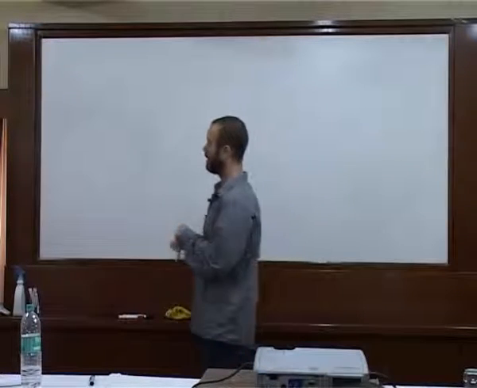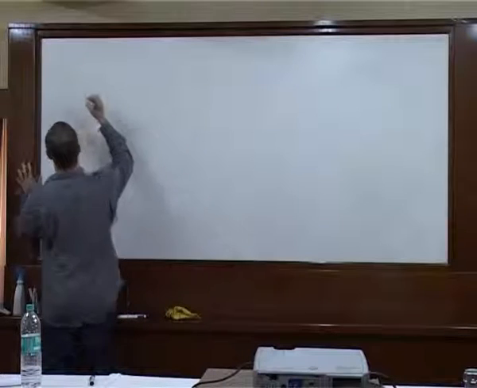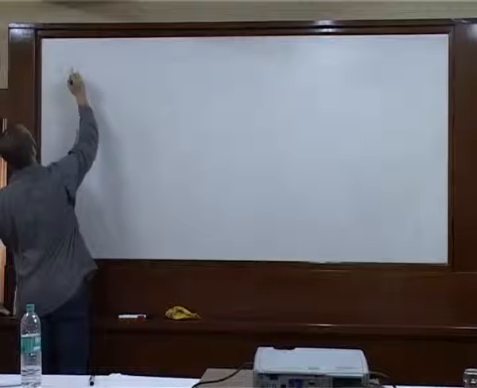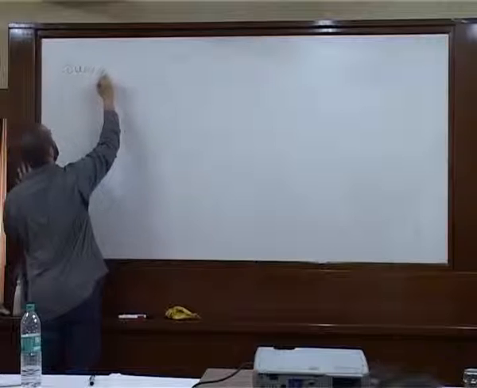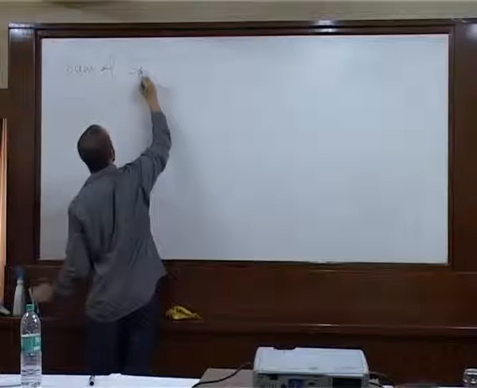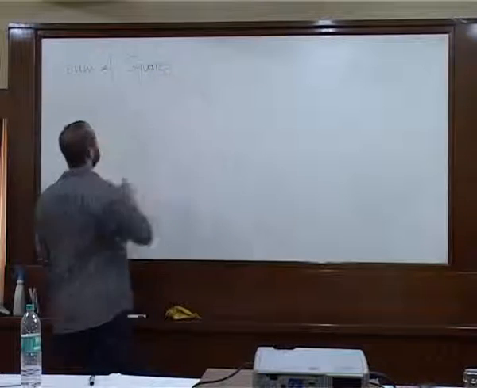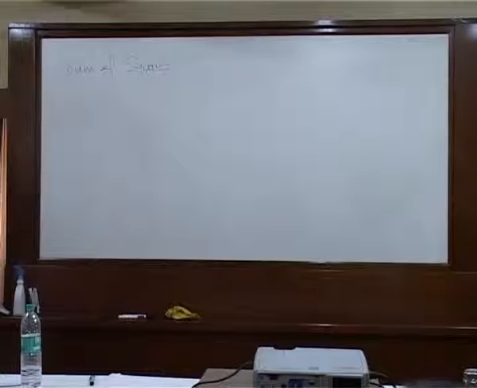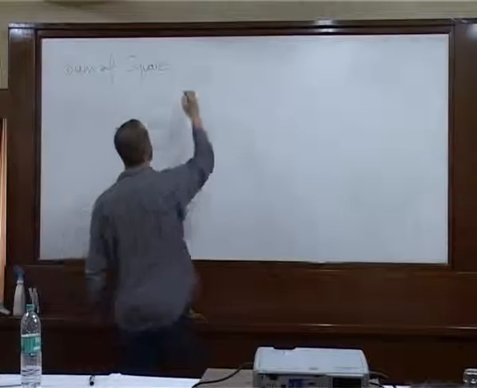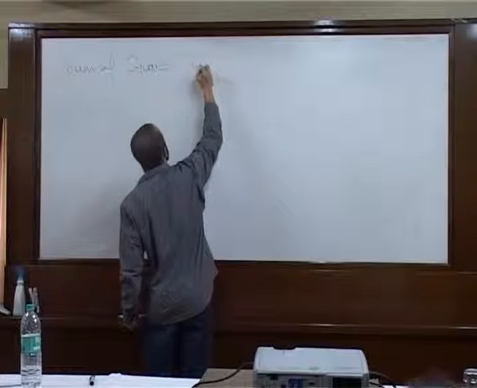So here is another question. We call this question the sum of squares problem. And the sum of squares problem is defined in a commutative world.